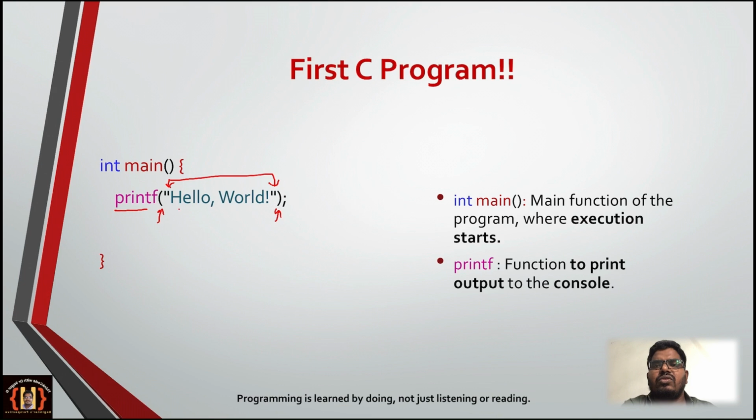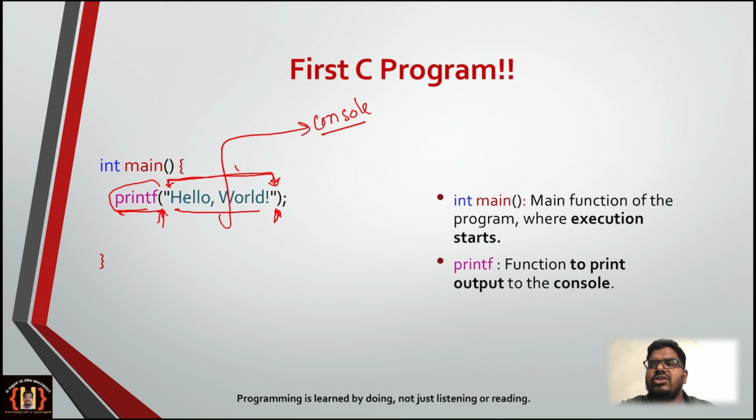Within these double quotes, whatever you write will be displayed on the console. We call it console, means output area. So this will be displayed on the console. You have to follow this format strictly. So printf keyword you need to use, opening brace and closing brace you need to use, and also double quotes you need to use, right?